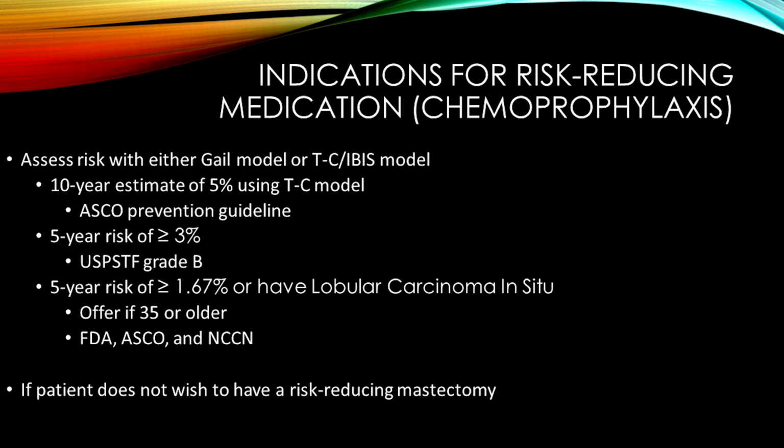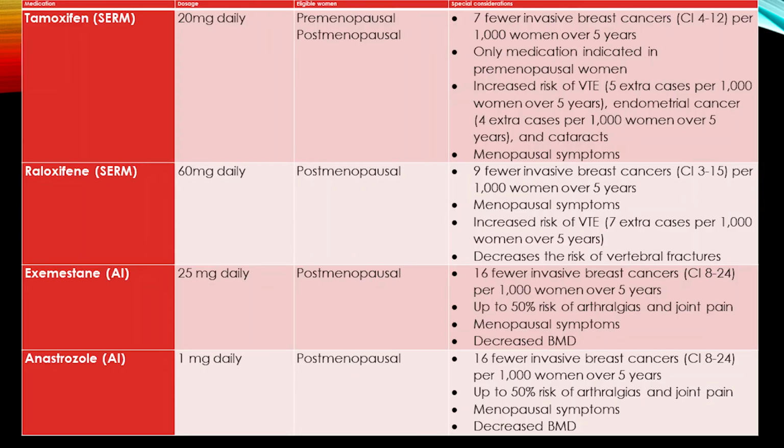Discussion of initiating these medications should include a shared decision-making conversation covering potential risks and benefits of these medications. This is a chart of the different medications that are FDA approved for chemoprophylaxis. As you can see, tamoxifen is the only medicine approved for premenopausal women.